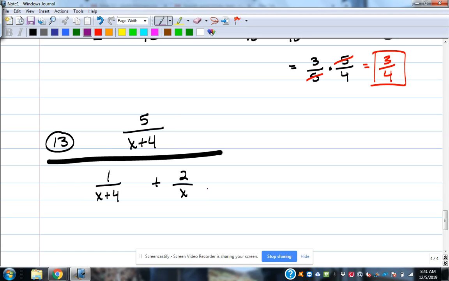Okay, so we need to work that addition problem in the denominator. But you can't just add x plus 4. Multiply an x to one side and multiply x with 4. There you go. So the LCD for the denominator would be x times x plus 4. And then this one you're going to multiply by x, top and bottom.